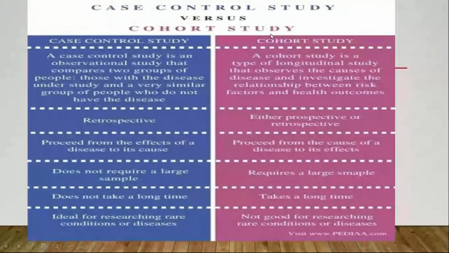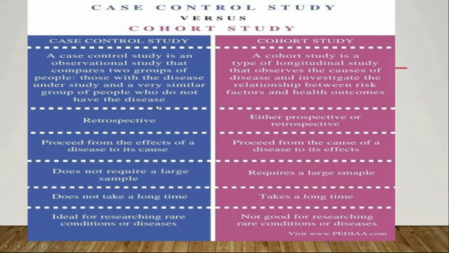Now the difference between case control study versus cohort study. This is a very important slide and you have to remember each and every line of it. A case control study is an observational study that compares two groups of people: those with the disease under study and a very similar group of people who do not have the disease.